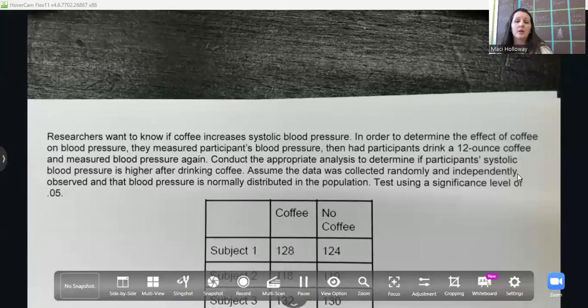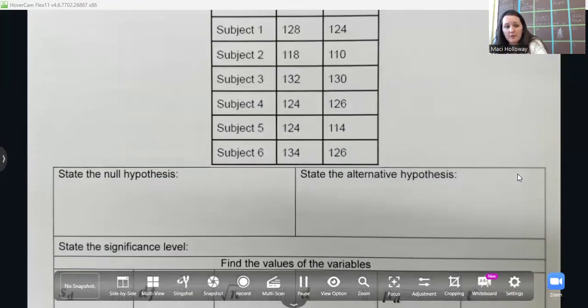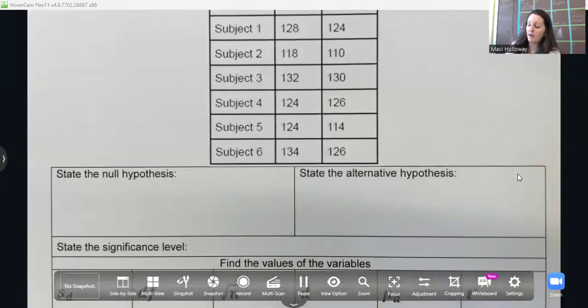So they want to know, was there a change in their blood pressure before they drank coffee and after they drank coffee? So assume the data was collected randomly and independently, so our assumptions are met, and our significance level is 0.05. So let's go through our steps here. Our first step is to state the null and alternative hypotheses.